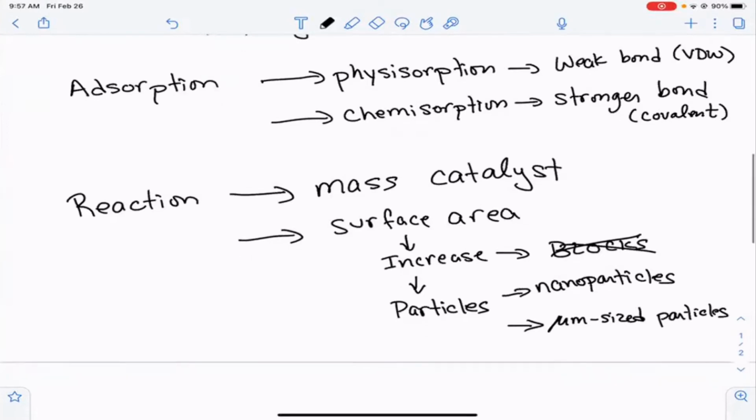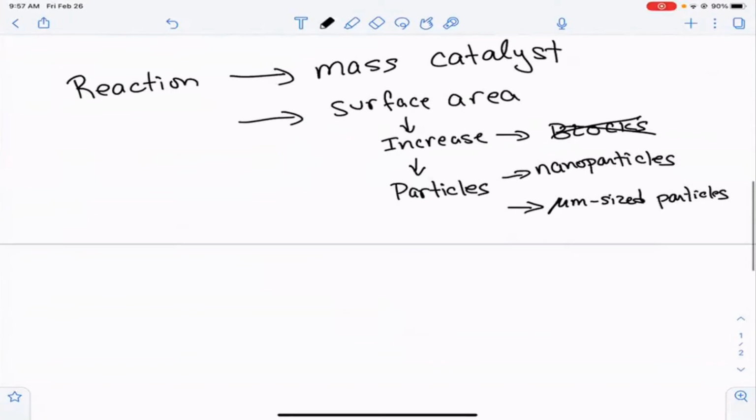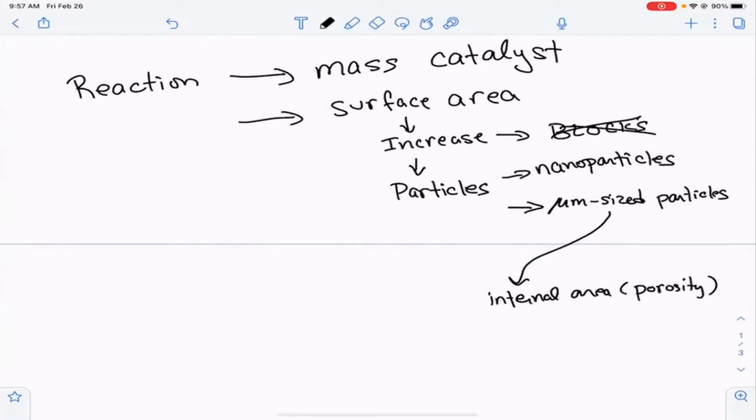Now, both of these increase the active area. The interesting thing about these micron-sized particles is that they don't just have external area. So these particles are a combination of internal area, which comes from porosity, and external surface area. Okay. And as we move through our semester, we're going to talk about catalysts that possess both internal and external surface area.